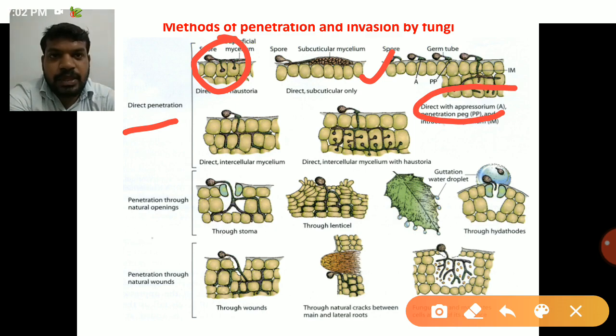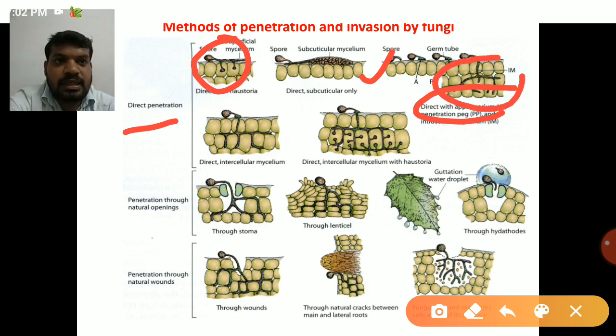So what is meant by intercellular and intracellular? Intercellular means the pathogen is present in between two cells. In contrast, intracellular means the pathogen is present inside the cell. The whole pathogen is present inside the cell, that is intracellular.